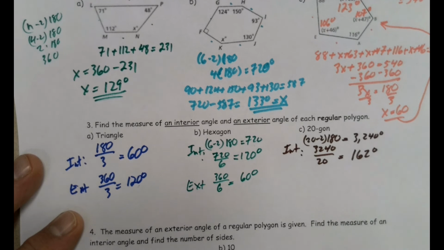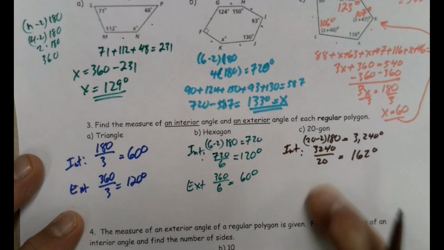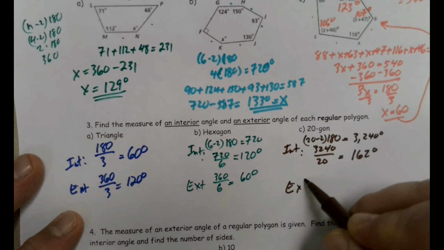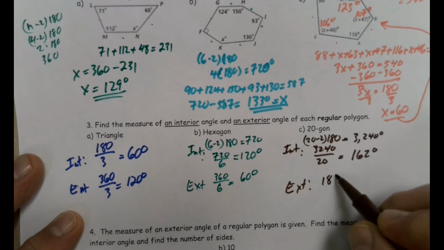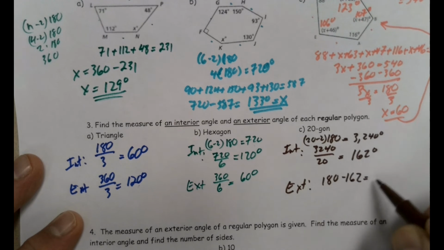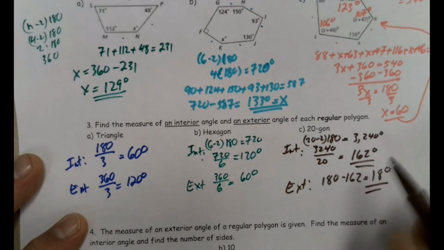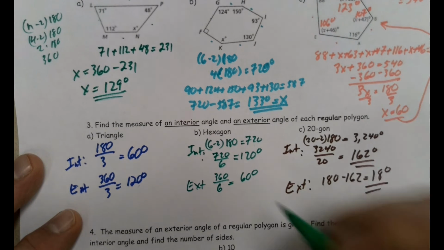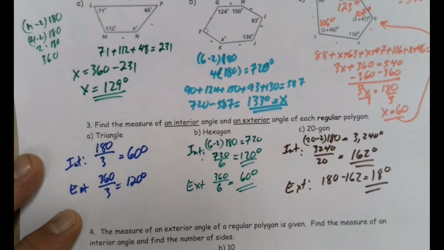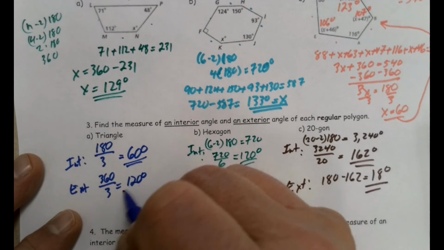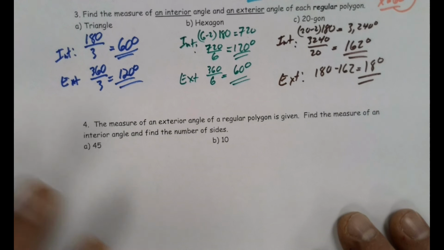Okay, I can do 360 divided by 20, or I can just do 180 minus 162, and it's 18 degrees. All right, done. Next problem.